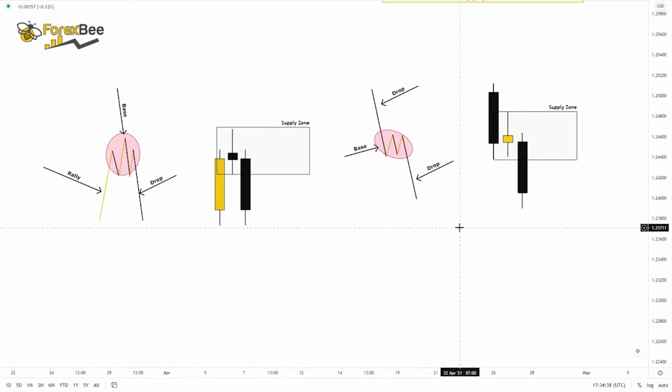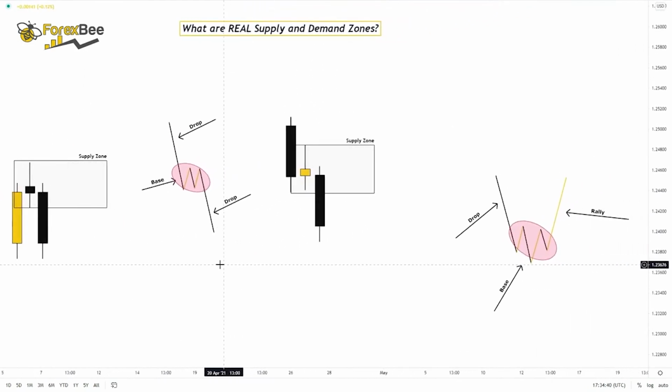Now let me show you another supply zone in which there is drop, base, and drop. What is happening here is that the market is going bearish, there's a big candle, then one base candle, and then again the market went bearish. There was enough supply, people were selling, and sellers were in control.